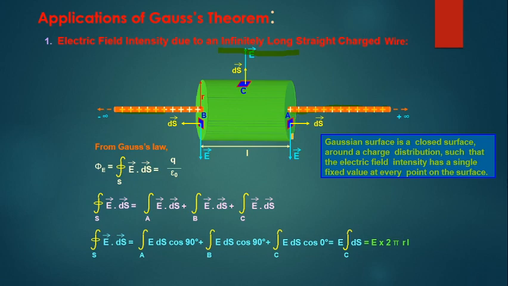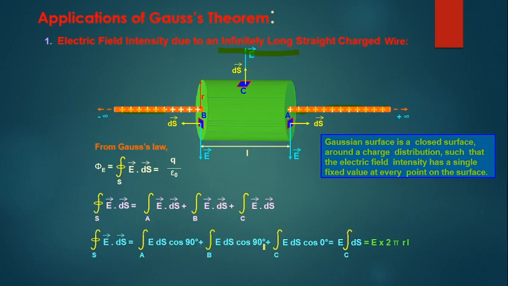It makes the angle theta equal to 90 degrees, meaning dS and E are perpendicular. Similarly for surface B, the electric field is away from the positive charge and dS is perpendicular, so theta is 90 degrees. For the curved surface, dS and E are in the same direction.